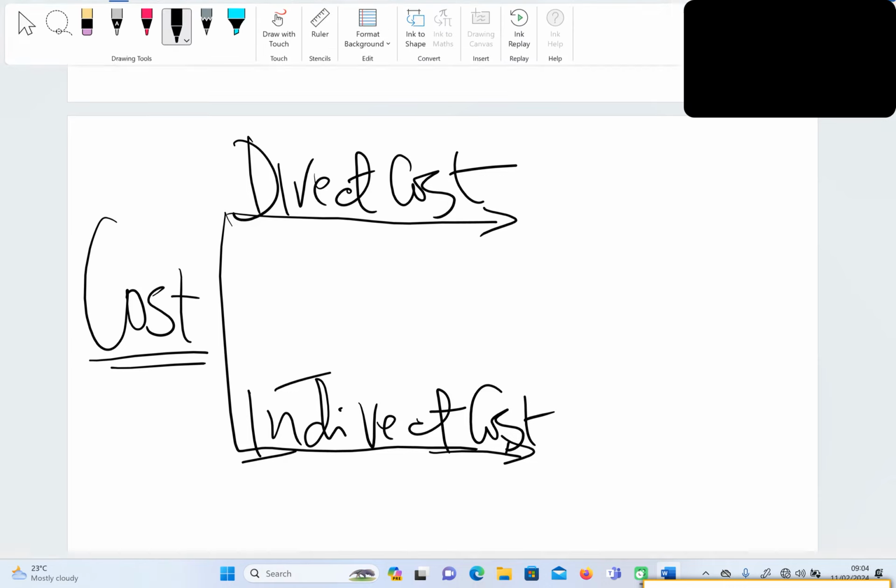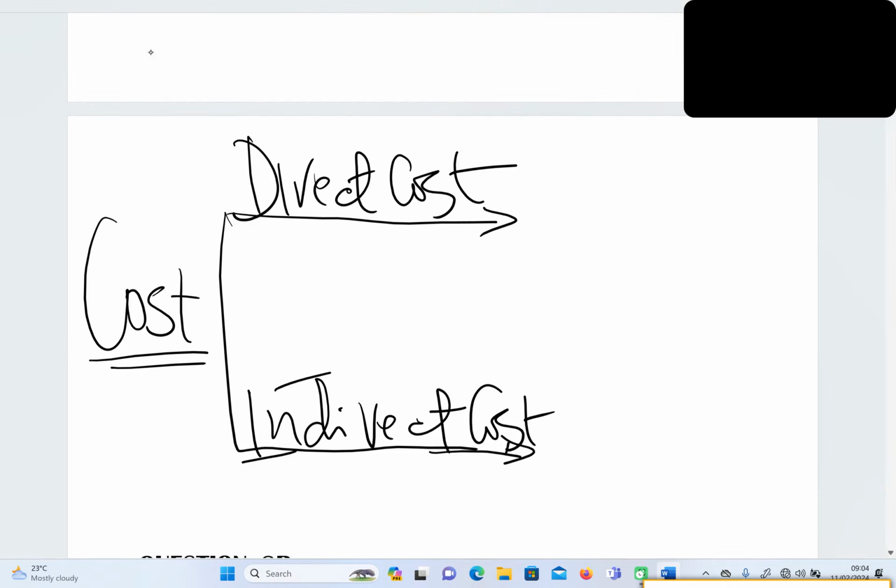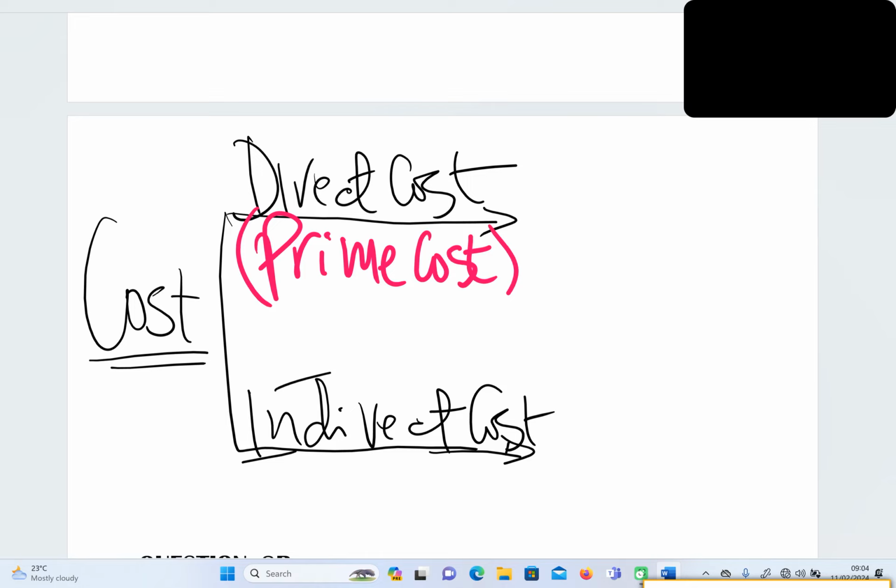That is very simple to get in. The direct cost is called the prime cost. That is the direct cost. And the indirect cost is called the overhead.